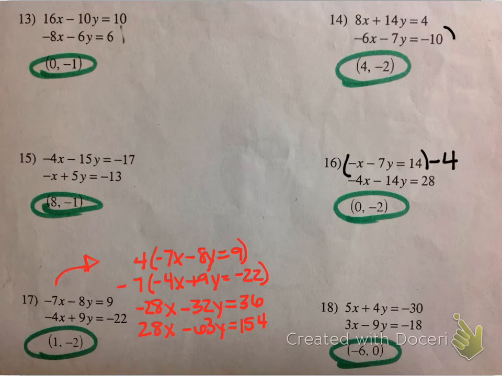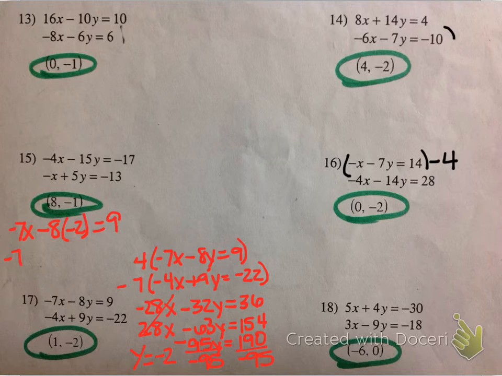And then, so you'll notice here that the 28s cancel out. And then you are left with negative 95y equals 190. And then when you divide that, then you get -2.